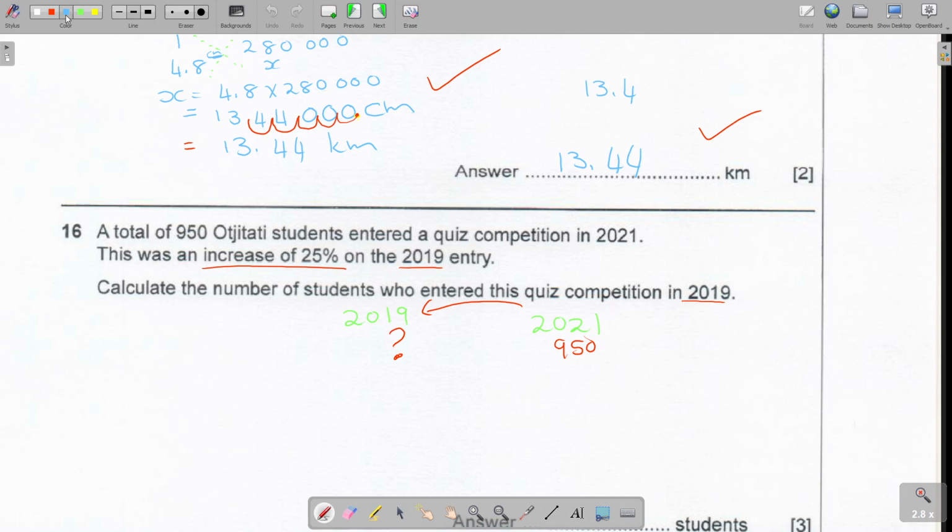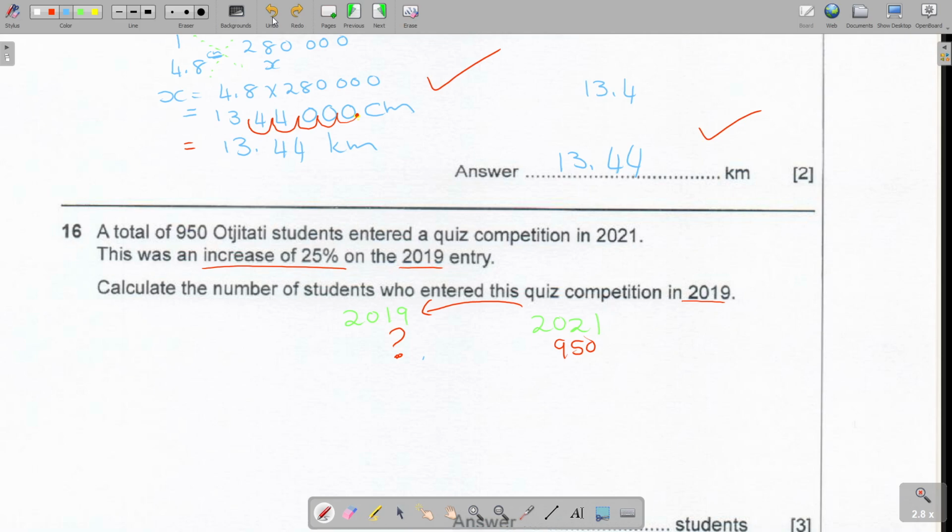Now I'm going to start. It was 100, but they increased with 25. Sorry, I'm writing it so close to that one, so let's rather write it here, just for explanation's sake.